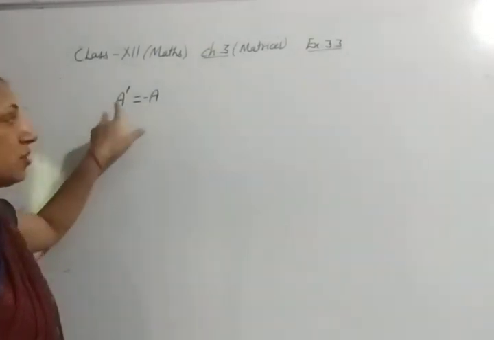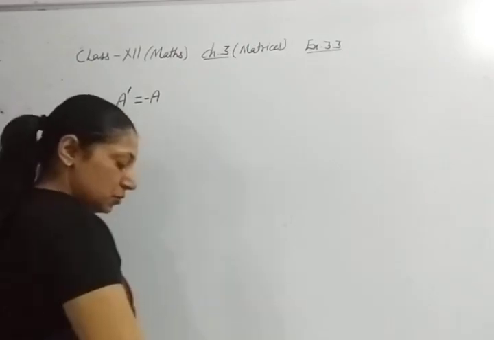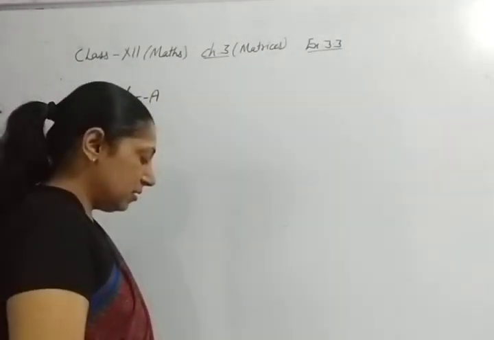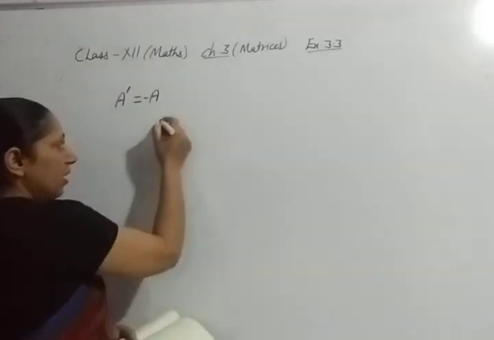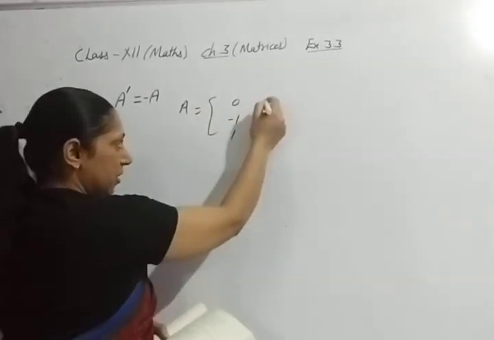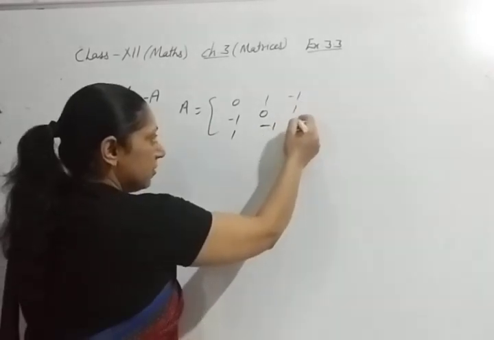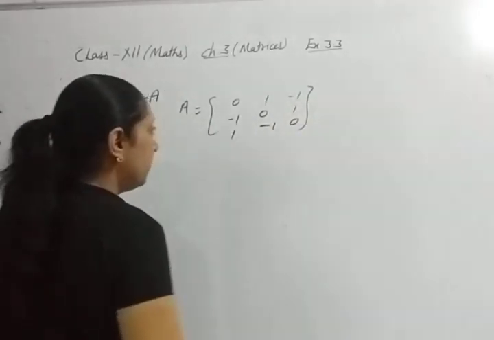If its transpose is equal to the negative of that matrix, then that is called a skew symmetric matrix. Take question number 7, second part. Show that A is equal to [0, minus 1, 1; 1, 0, minus 1; minus 1, 1, 0]. It's a skew symmetric matrix.